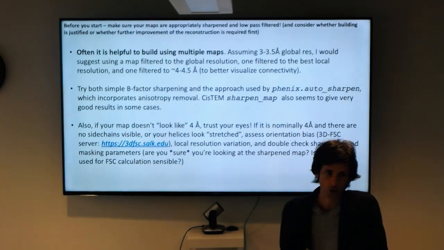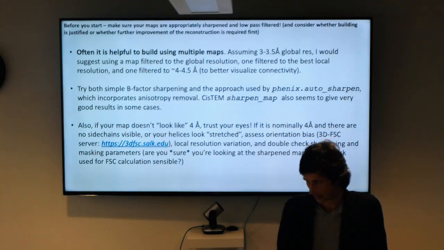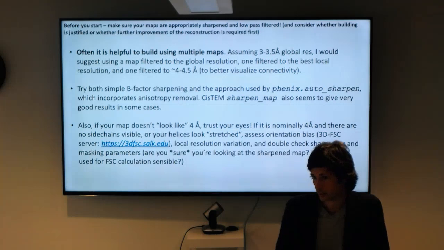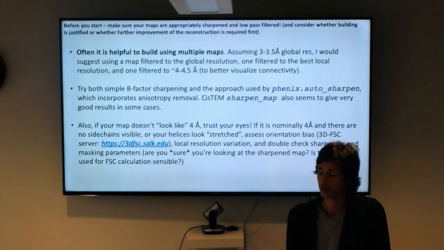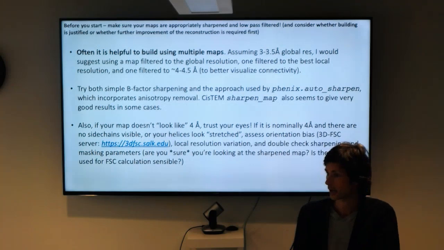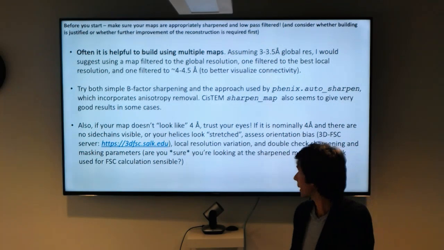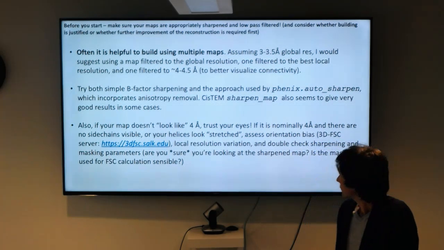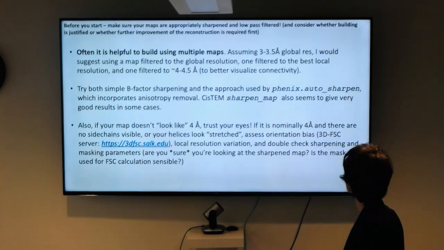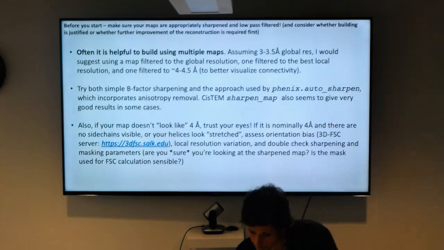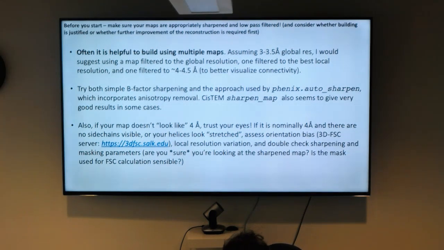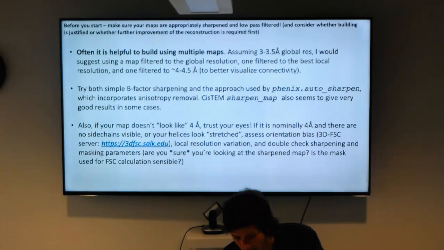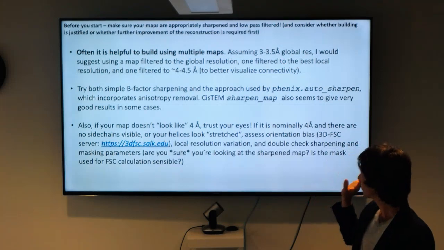How much can you know about the domain architecture of your protein and the secondary structure and all of that, because that's very informative when you come to build your first model into a map. This is the wrong slide for that, I'm sorry. Let me come back to that in a minute.